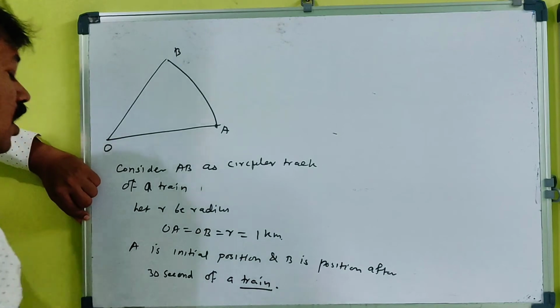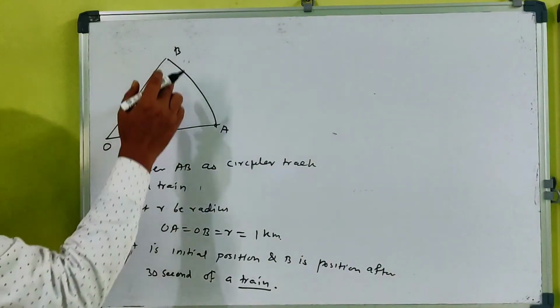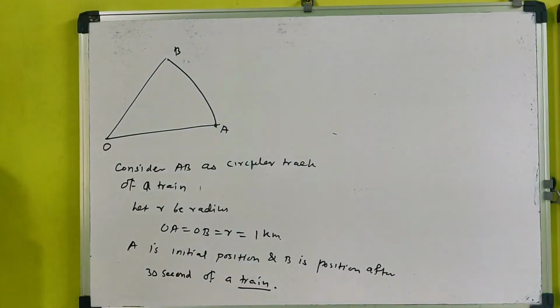We assume that A is the initial position and B is a position after 30 seconds of a train.